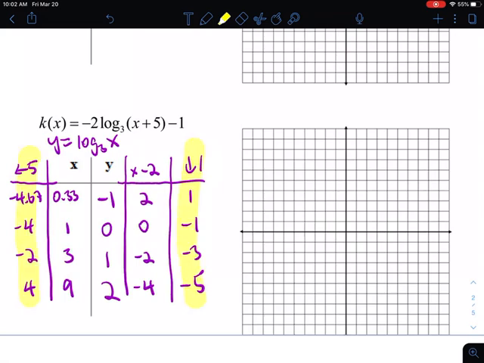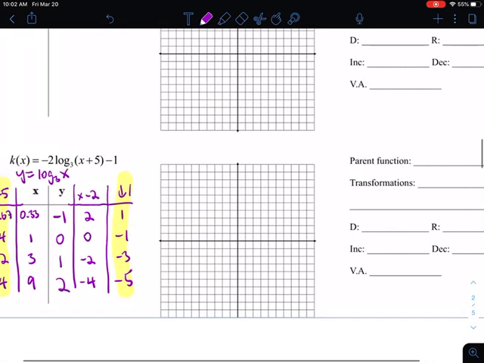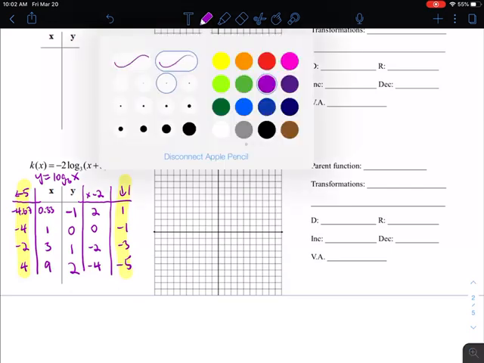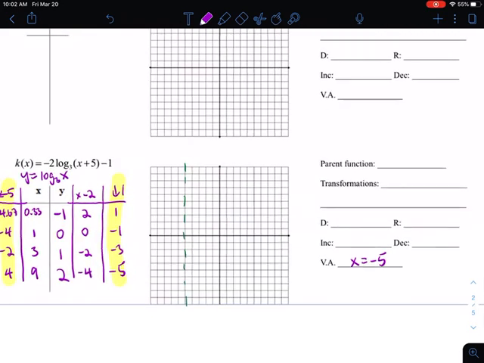Remember, as we've done all year, we're going to graph the outside columns. Before I do that, let's first figure out where my asymptote is. This graph is shifted to the left 5, so our vertical asymptote, instead of x equals 0, is going to be at x equals negative 5. Let me also write that down over here, x equals negative 5.